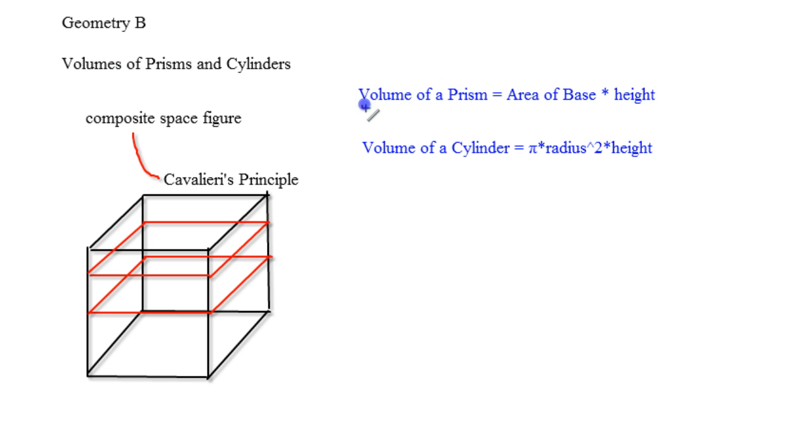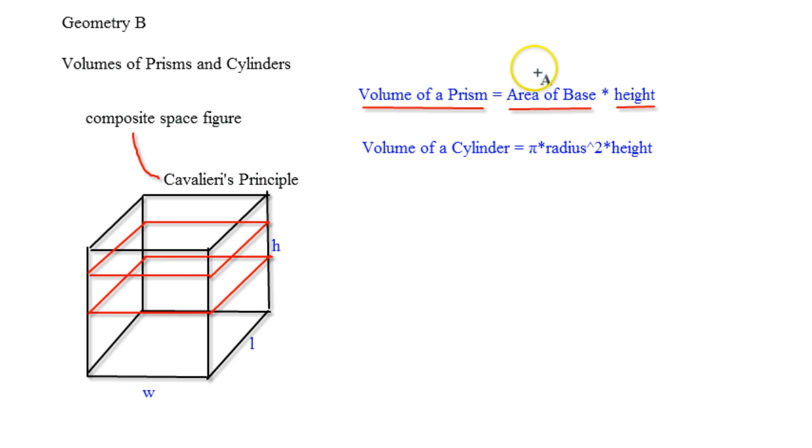So that's where we're going to talk about volume of a prism. It doesn't matter whether it's oblique or not. What you do is you take the area of the base and you times it by the height of the actual object. So technically all you need to know is length, width, and height. And obviously that's of a cube, but you can also do it for a rectangular prism.